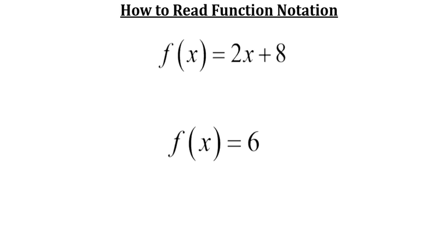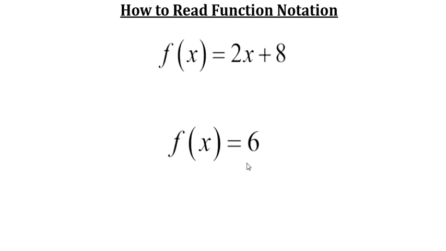Okay, so let's try another one. Here we have f of x equals 2x plus 8 still. Now it says f of x equals 6. Well, how do we read this? F is our function, this is our rule, x is the input, 6 is the output. So it's saying what input for the function gives us an output of 6.